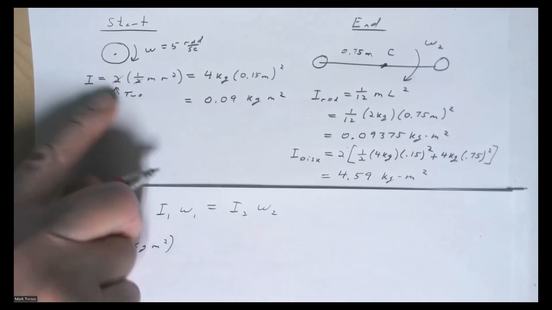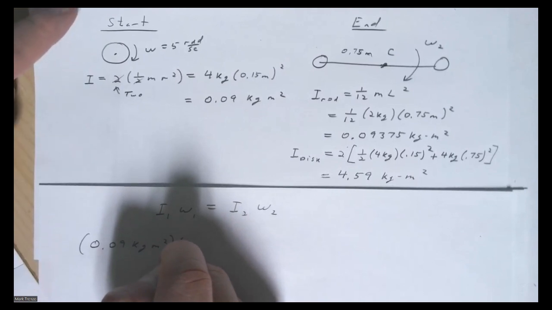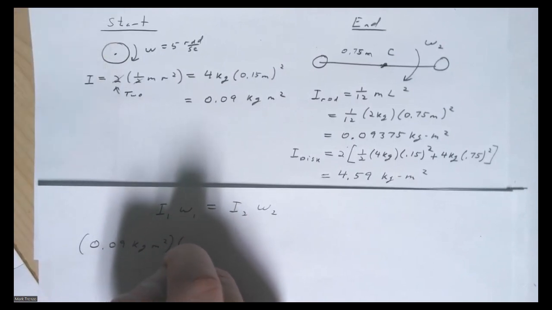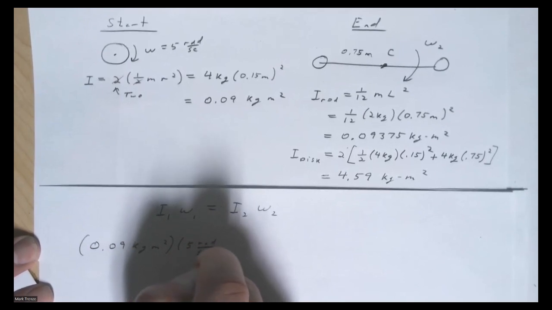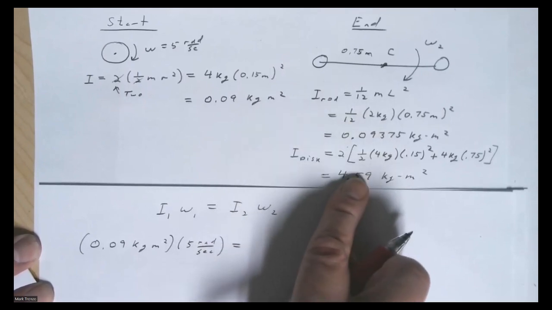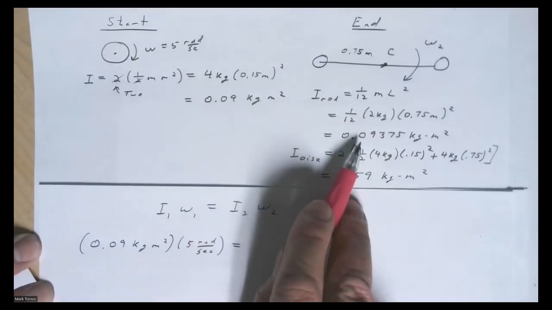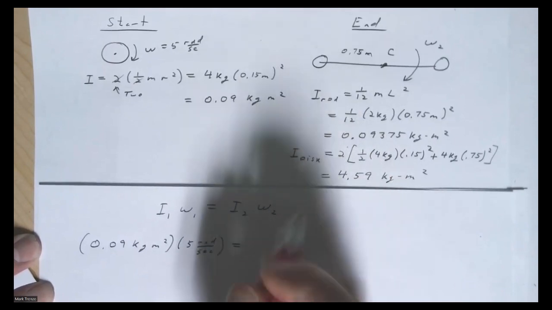Again, that was for both disks. Notice we included both disks. And the original angular velocity was 5 radians per second. And now at the end, we have these over here. And I think I forgot to multiply. Oh, that's right, that's only one.